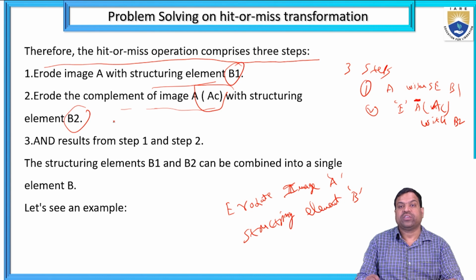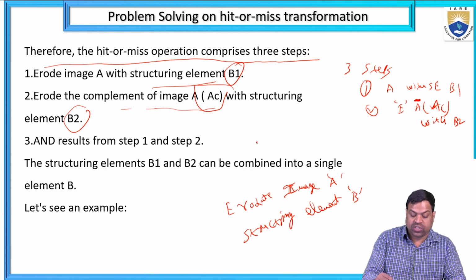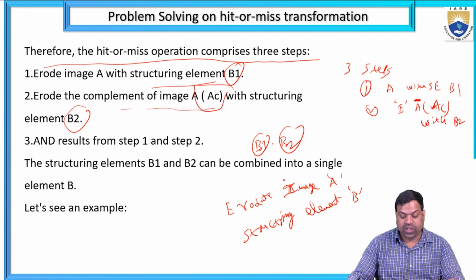So I'm combining the results with an AND gate, B1 into B2. So the structuring elements B1 and B2 can be combined as a single element B.